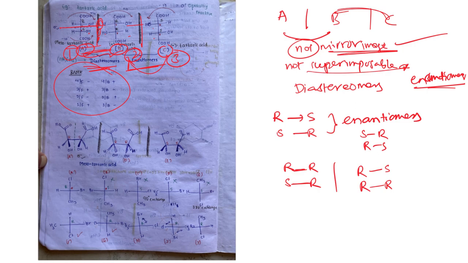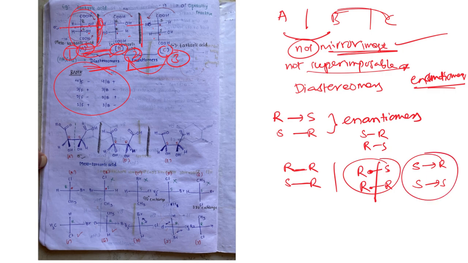So in this compound, two chiral centers are there. So first chiral center R, second chiral center R. But here in this mirror image, R mirror image S is there, okay, but here the same is there, so this is called a diastereomer. Otherwise, if you take S mirror image is R and S mirror image is S only, then this is called diastereomers.